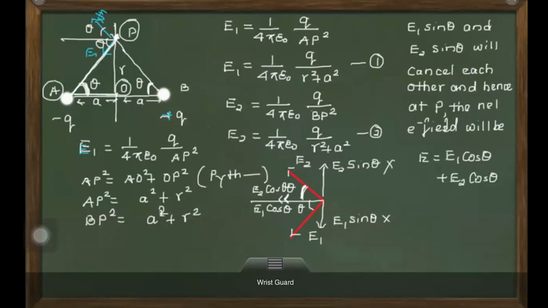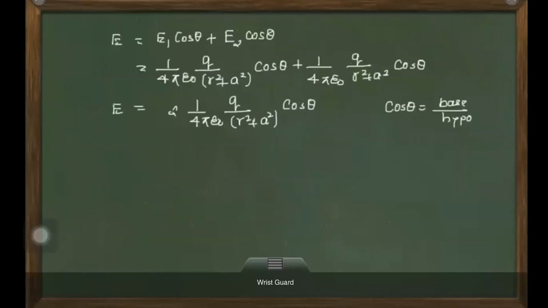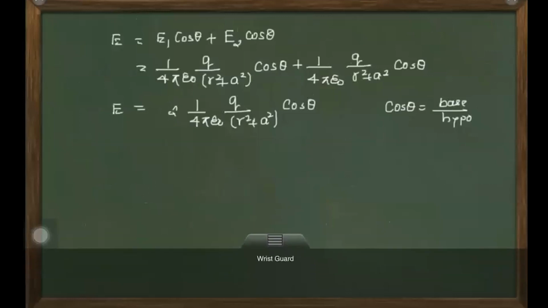And hypotenuse value will be under root R square plus A square. So we can write cos theta is equal to, what was base? A. And what was hypotenuse there? It was under root R square plus A square. So we can write it here.